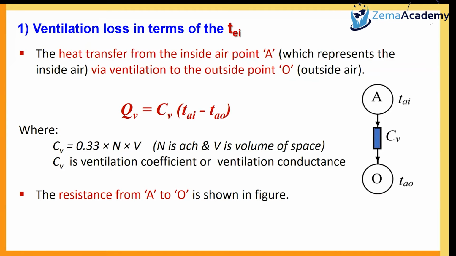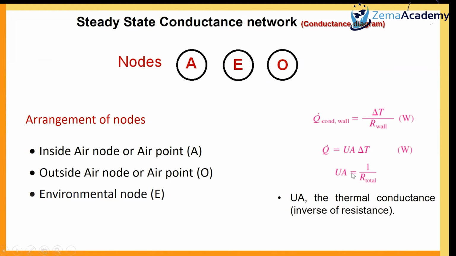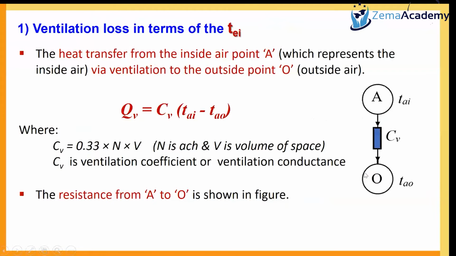Remember, we just did this slide. This is thermal transmittance or thermal conductance, and this is the resistance. So they have a reciprocal relationship. Similarly, this CV is the ventilation conductance, and the inverse of it is the resistance.